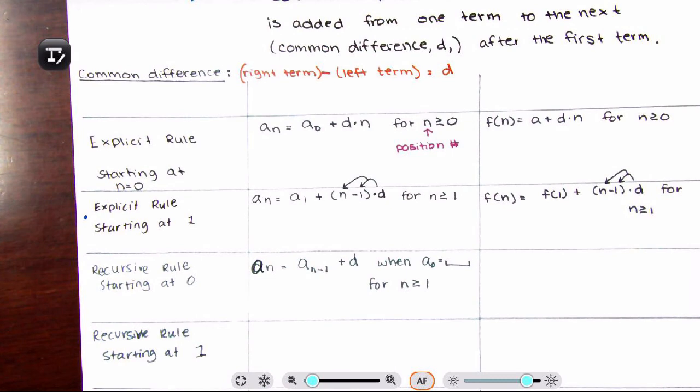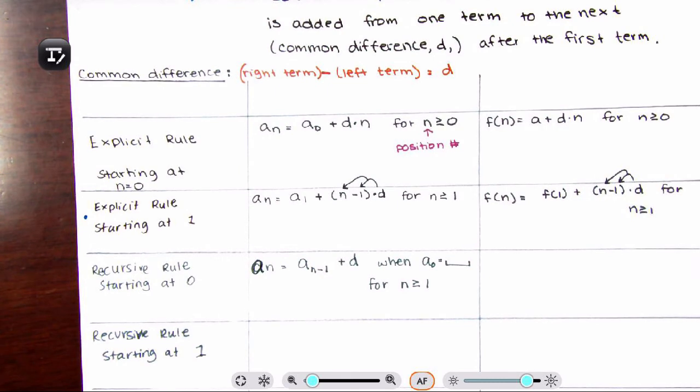For example, if I want to find out what the number is in the fifth position, I want to know what a sub 5 is. If I want to know what the term in the fifth position is, I need to know what the term is in the fourth position. And if I need to know what the term is in the fourth position, I need to know what the term is in the third position.